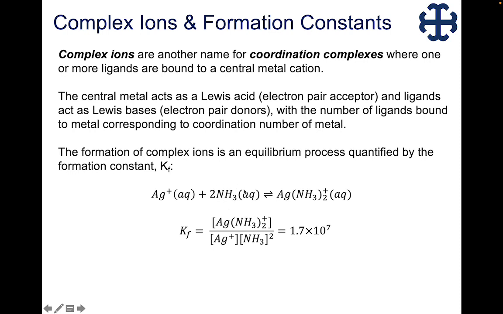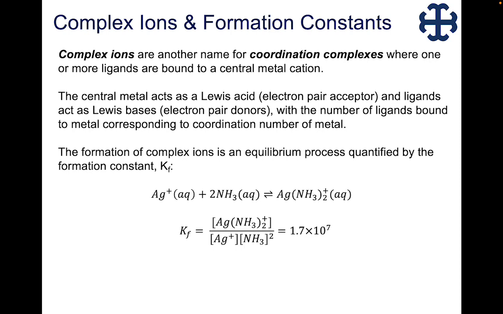Despite having a lone pair, it can donate those lone pairs into silver orbitals, and we end up with Ag(NH3)+. This would be called, again, our complex ion or our coordination complex. And if we look at this, we can calculate K, how we would for any K calculation. We take our products, divide them by their reactants, raise them to their powers, and we get Kf.